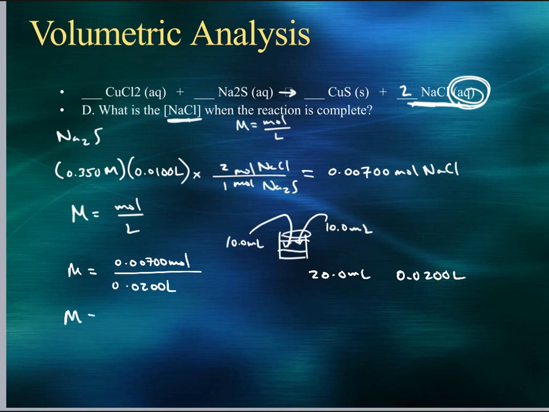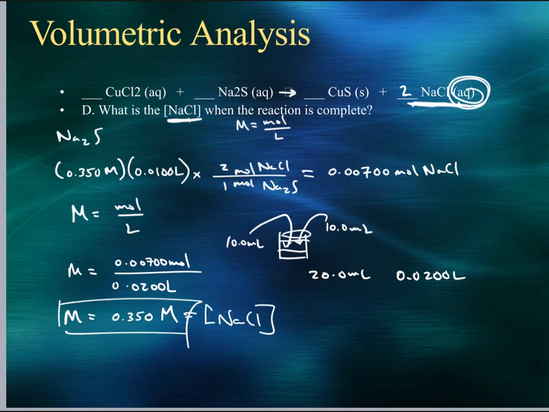My concentration of NaCl at the end of this whole thing is 0.00700 divided by 0.02, and this is 0.350 molar. So that's the concentration of NaCl. That's all there is to this. Basically, we're just mixing stoichiometry with what we already know about molarity.